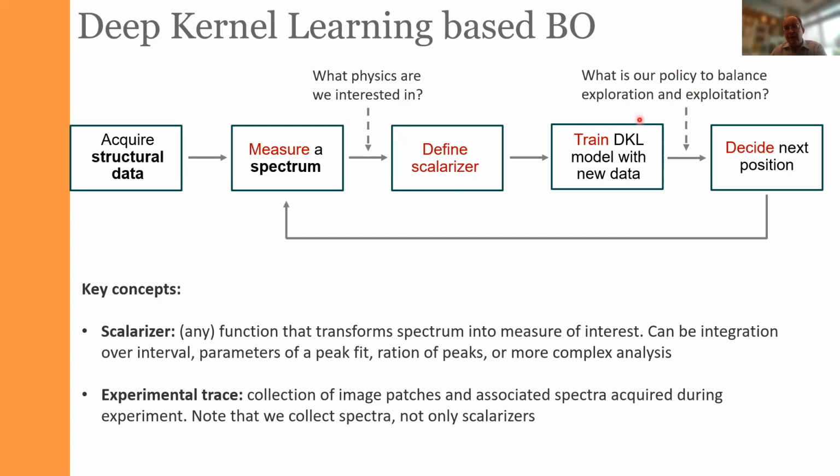Secondly, as I mentioned while discussing these examples, we can change the policy. So we always have ways to tune the knobs that balance exploration and exploitation. Typically we fix the policy, but it doesn't have to be fixed. So a human can change this while we're running the experiment.